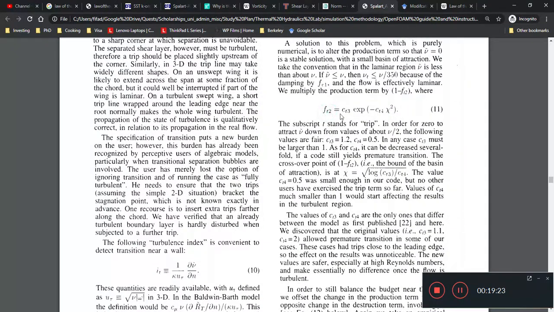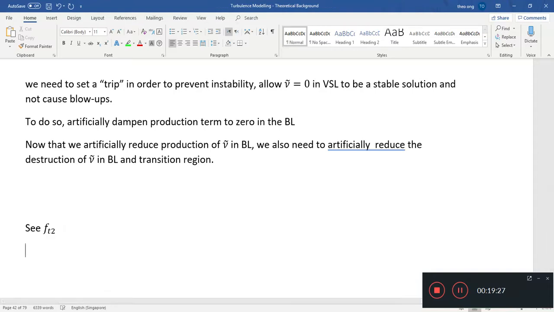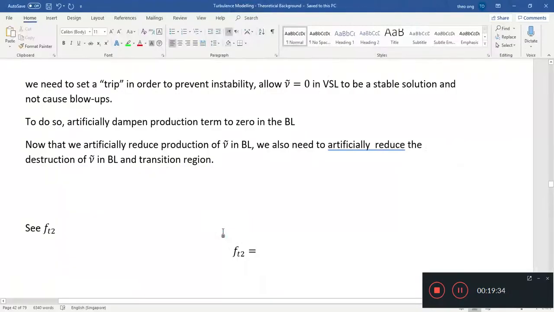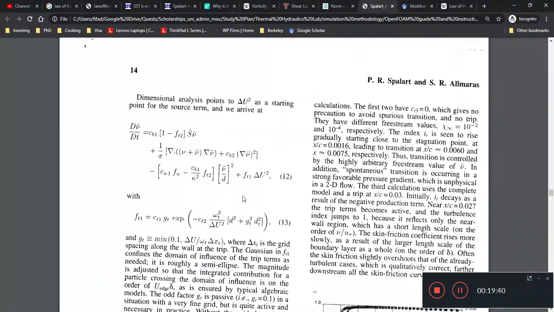So this is one of them, the trip function ft2. Well, why not I give you the big picture first. The trip term, where do these trip terms happen?